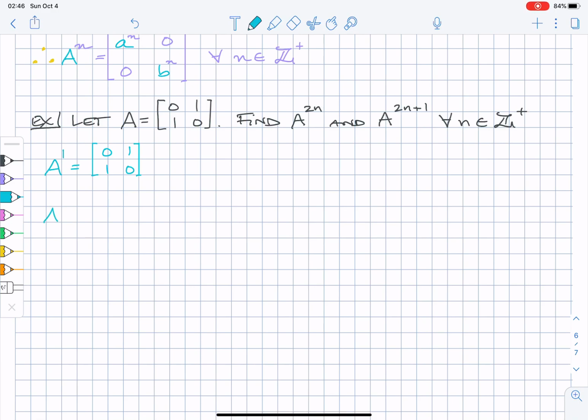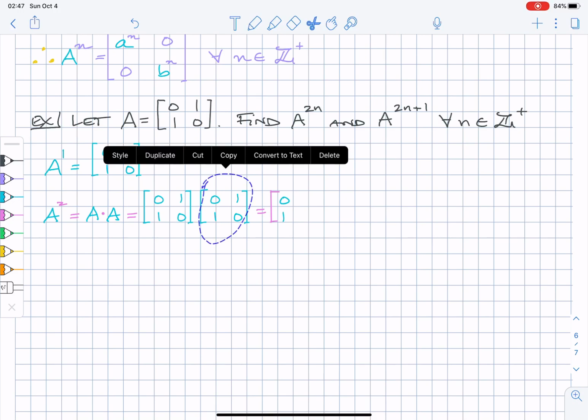Okay, so what would A squared be? Well, of course, that's just A times A. Before I paste, let's do A times A. Don't forget to make these brackets. Let me make this purple.